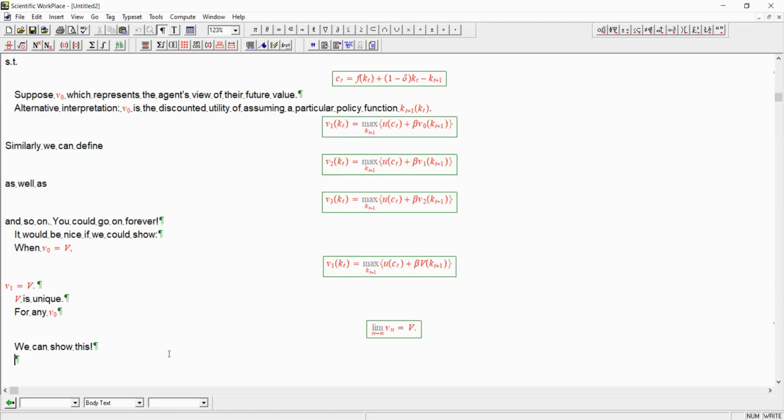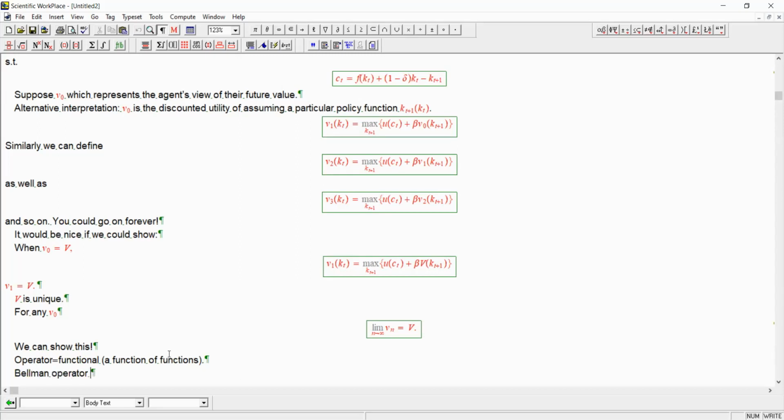This function of functions, which we're going to call sometimes an operator, or sometimes a functional, is going to be called the Bellman operator.